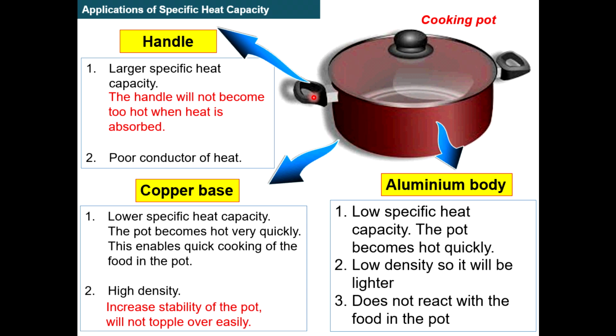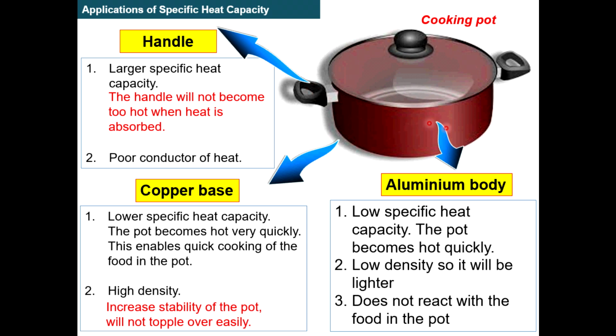Why is that so? Alright, so when the handle is made by using higher specific heat capacity material, it means that the handle will heat up slowly. So the handle can absorb more heat, but the changes of temperature for the handle will be lower. Okay, so it's safe for you to hold the handle.